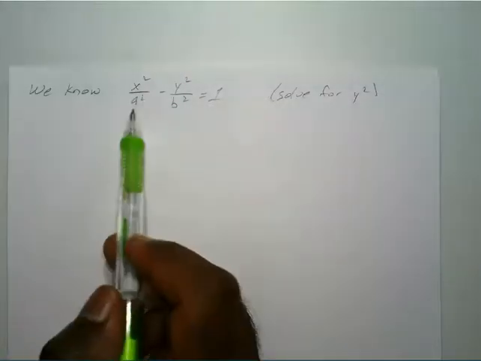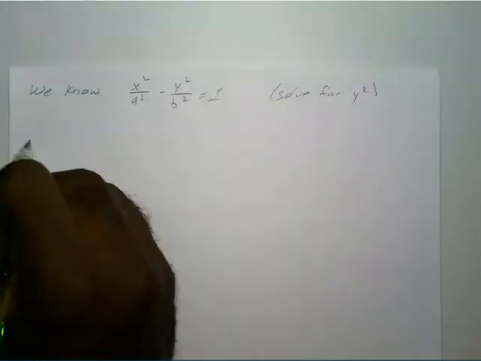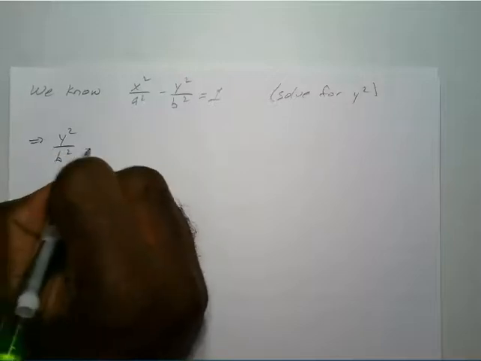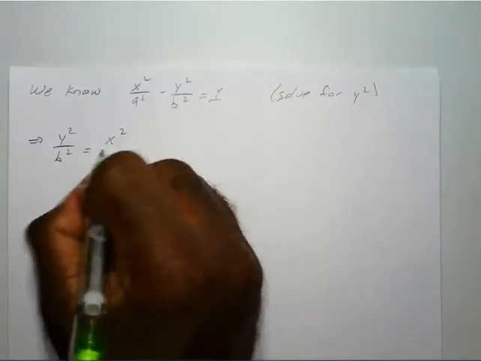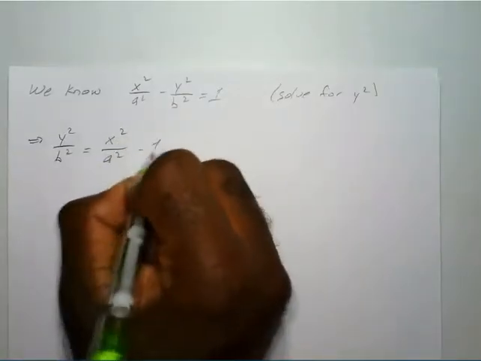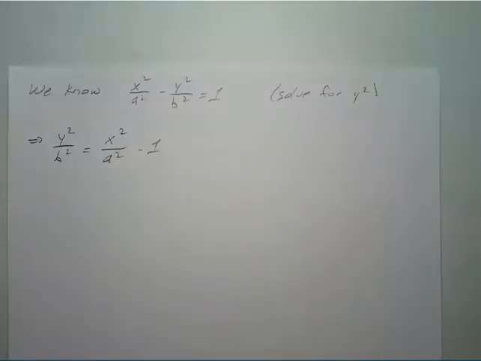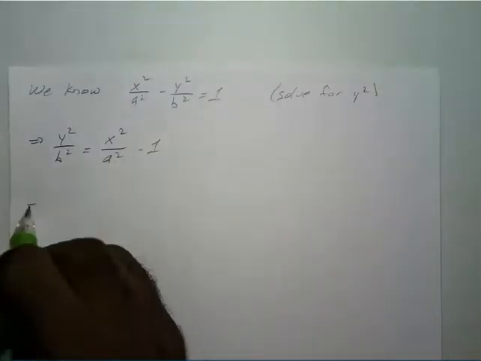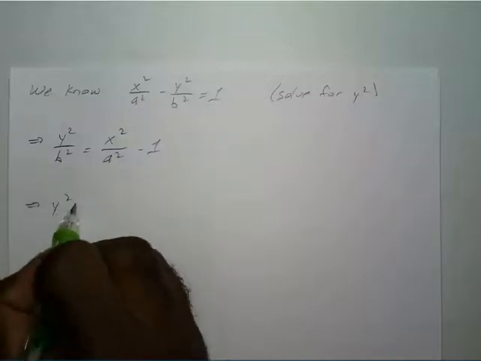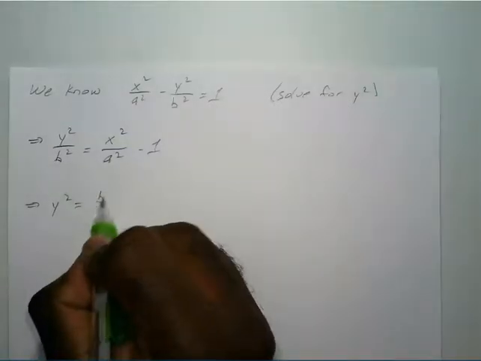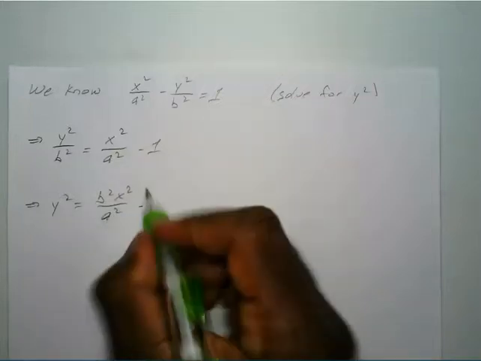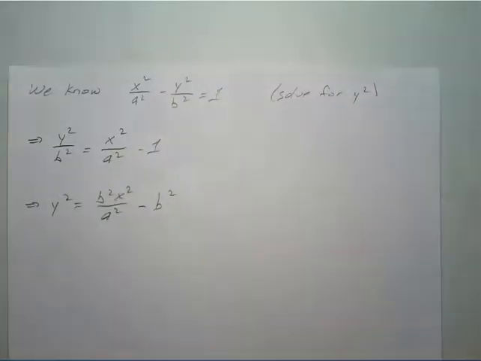So if we subtract 1 and add y squared over b squared to both sides, we get y squared over b squared equals x squared over a squared minus 1. Okay. Now if we multiply each term by b squared, we get y squared equals b squared x squared over a squared minus b squared.